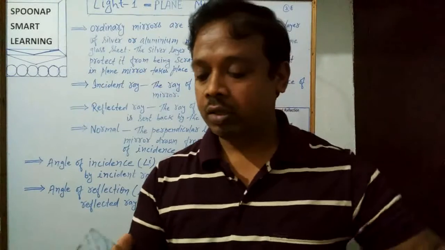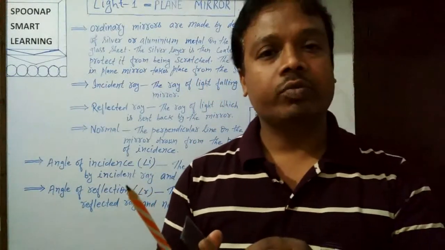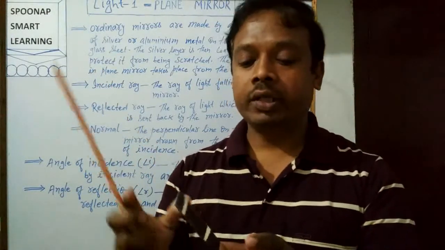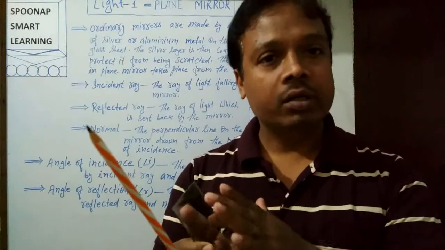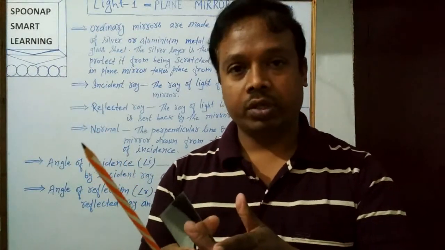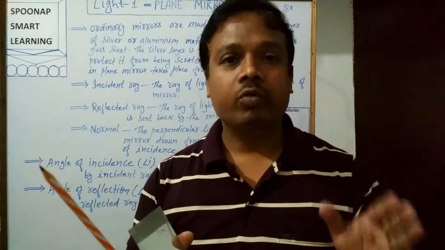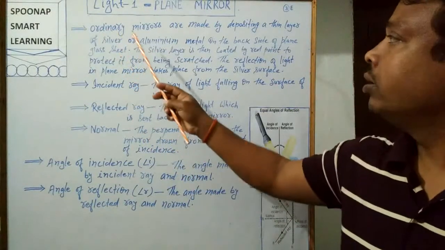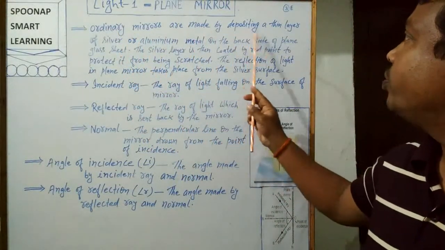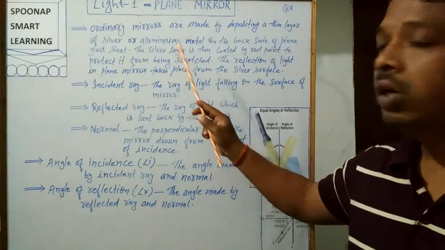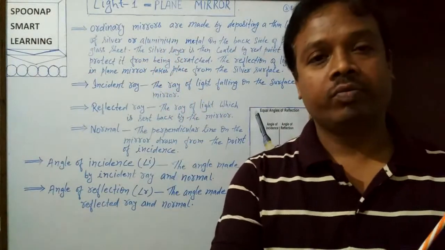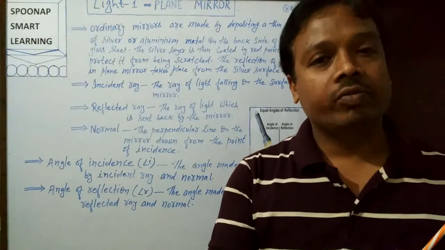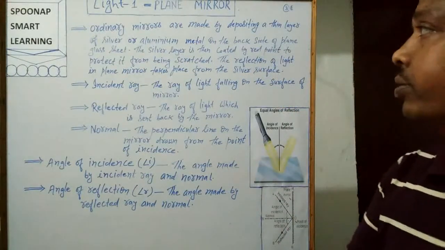When light falls on the surface of an ordinary plane mirror, the light is completely reflected back by the silver coating or the aluminium coating. So a good image is formed. The same thing is stated here. Ordinary mirrors are made by depositing a thin layer of silver or aluminium on the back side of the plain glass sheet.